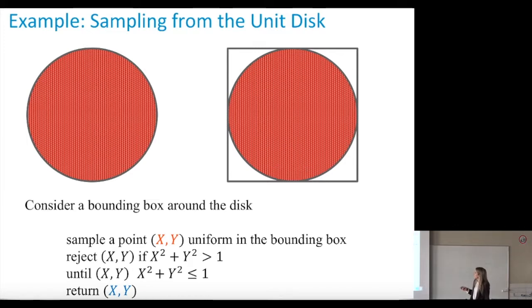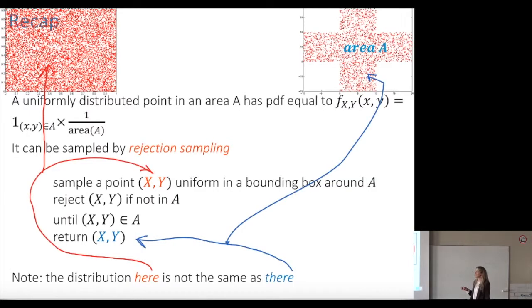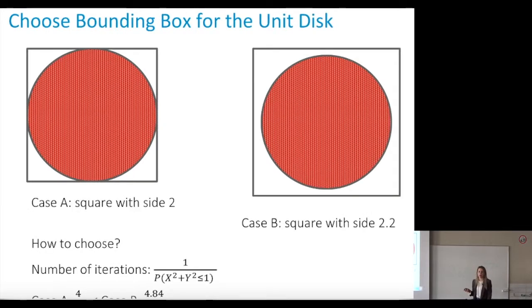And now the last thing for today is how to choose the bounding box. Okay, we can choose this bounding box here, but we can also choose this bounding box here. So which is the best one, the correct one? Both are bounding boxes around the area of interest from where we want to sample a point uniformly.